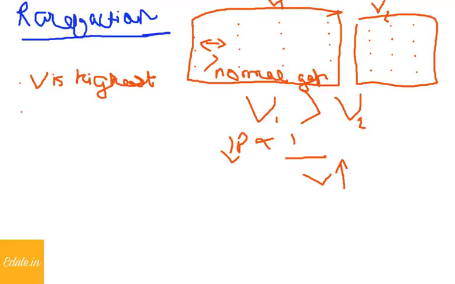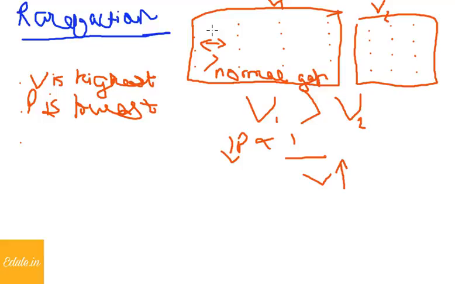So we can say that pressure is lowest. And obviously we know that pressure is proportional, but we will just take an example.